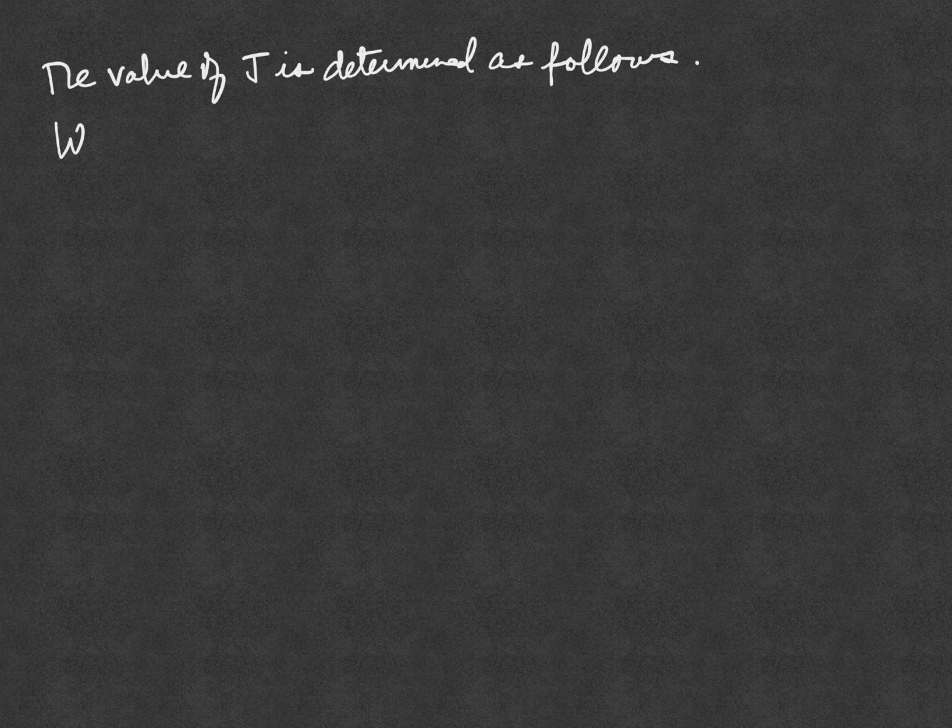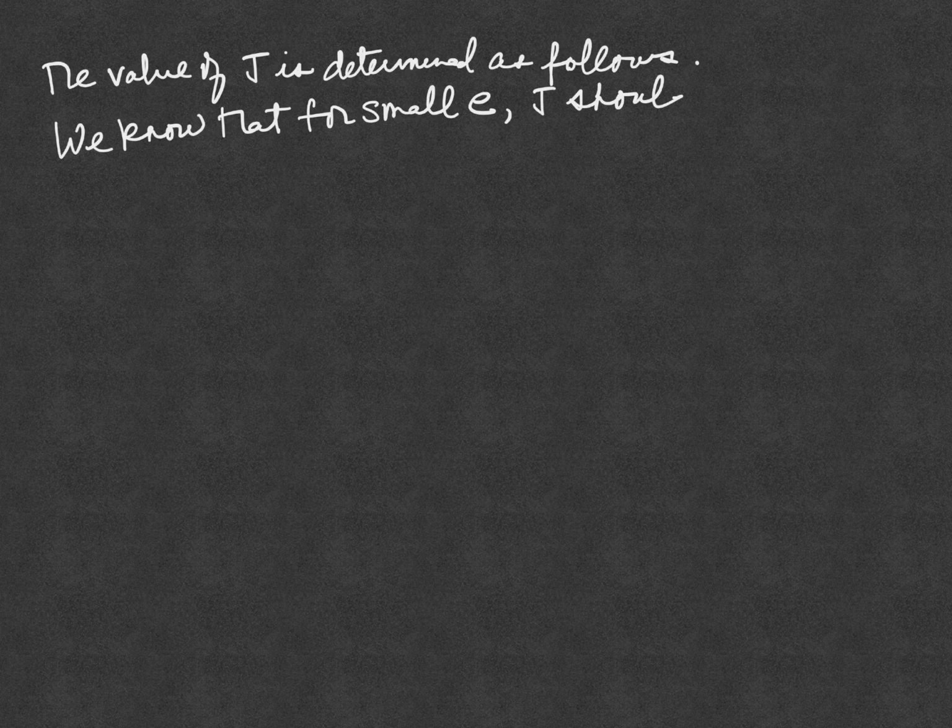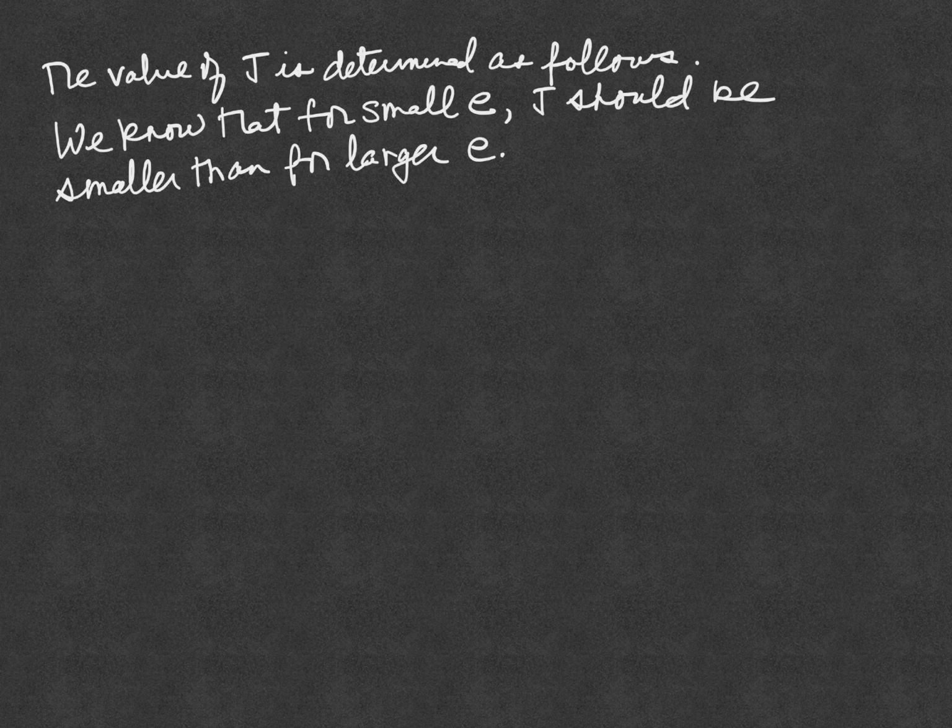Now we know that for small e, J should be smaller than for larger e. So whatever this thing is that we're going to do to determine J, it has to be such that as e gets bigger and bigger and gets closer to 1, it winds up giving us something that is a growing number.